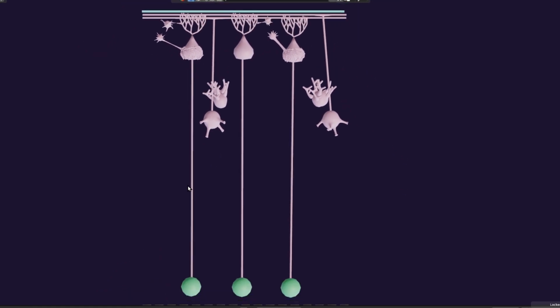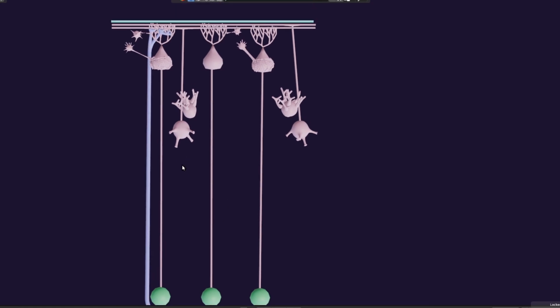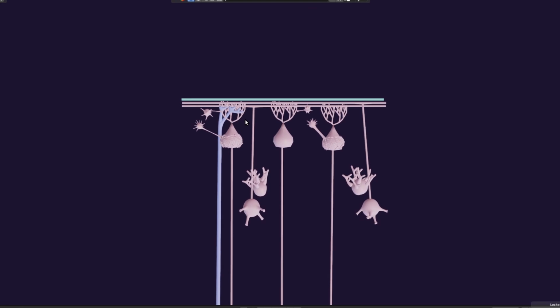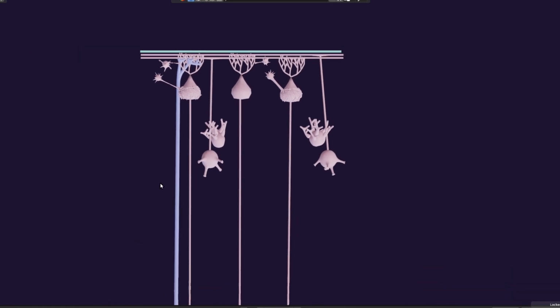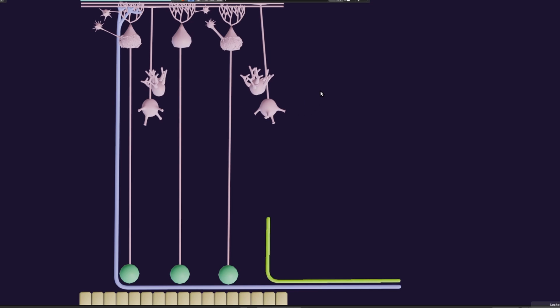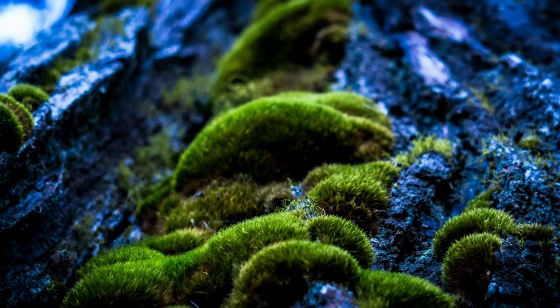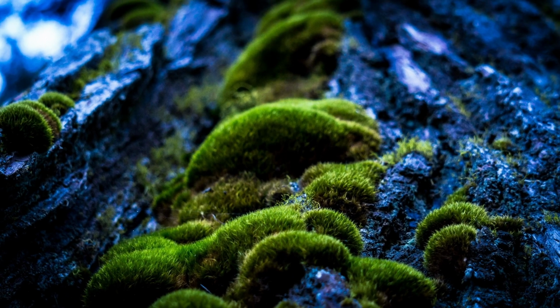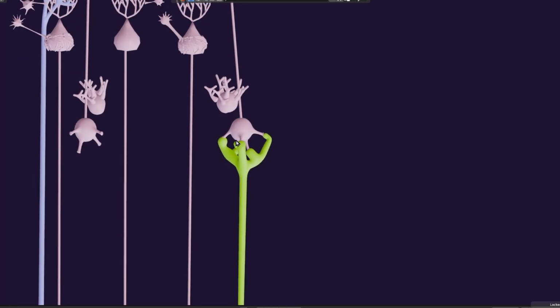Then, of course, some fibers will arise. These are the climbing fibers. They will come here, and they will form lots of connections with dendrites of Purkinje cells. And here we have the mossy fibers. These are like moss of a plant, and they will form a lot of connections with these granule cells.